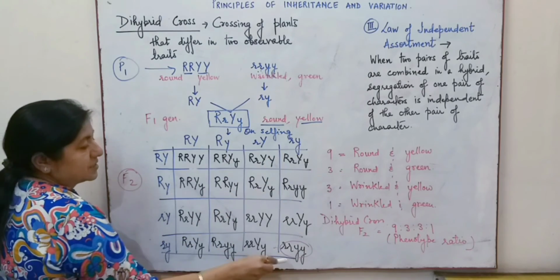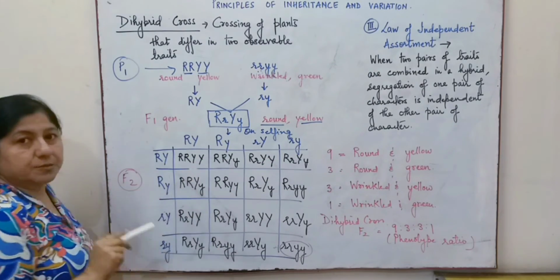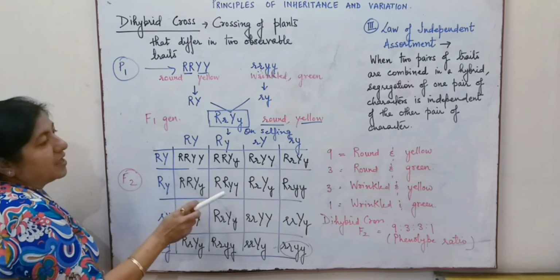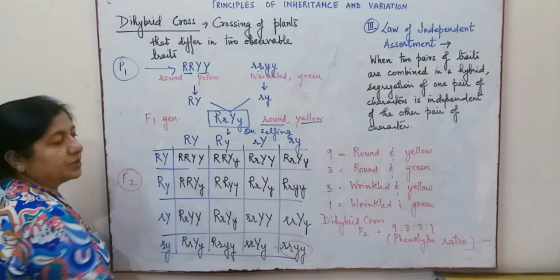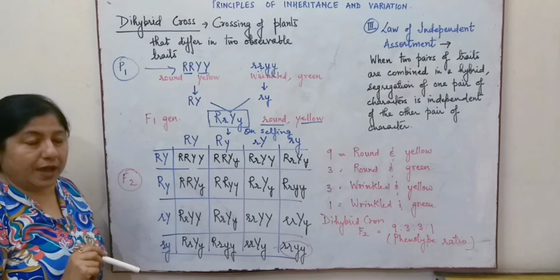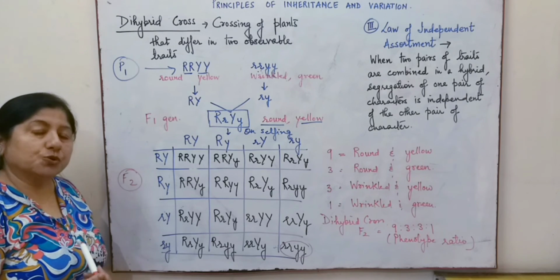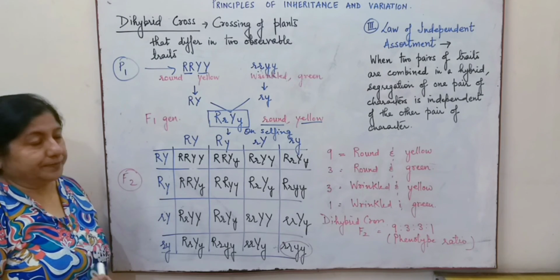So here we can find out what all possible combinations are there, and the dihybrid ratio then stands at 9:3:3:1, whereas in the case of monohybrid, the phenotype ratio is 3:1.